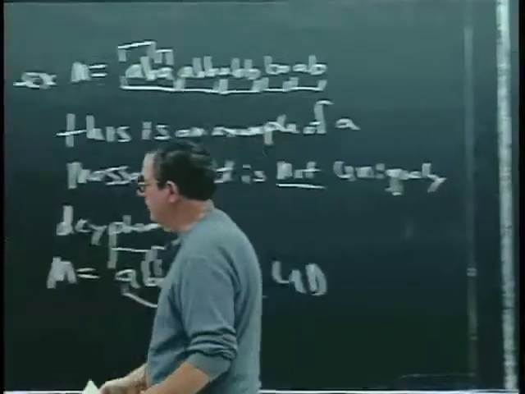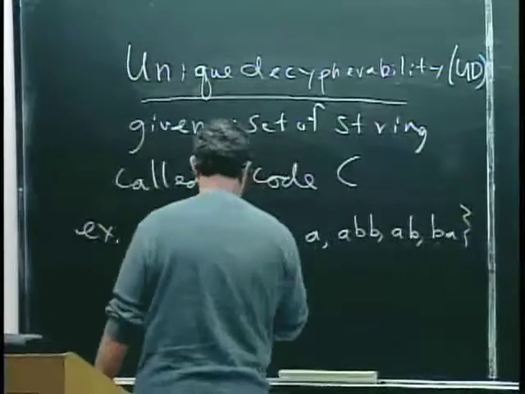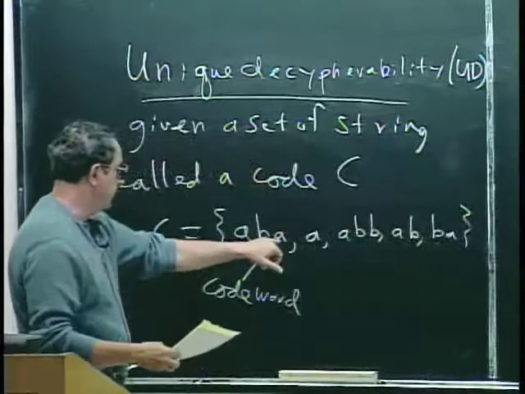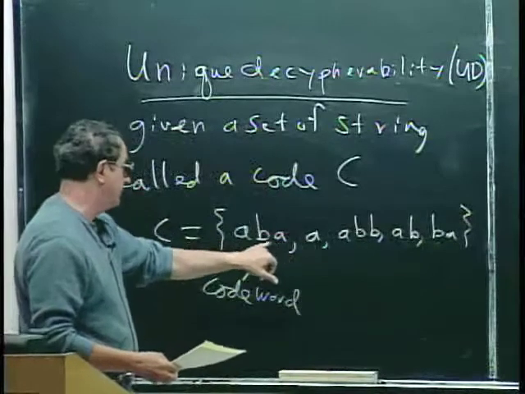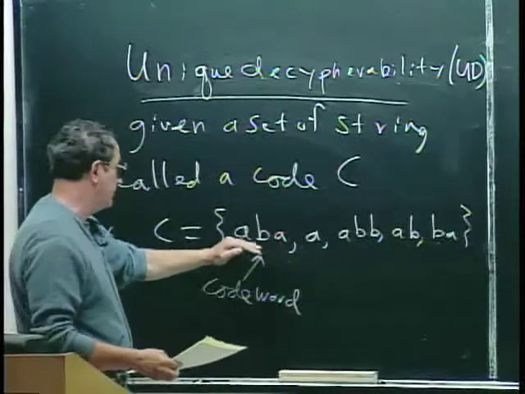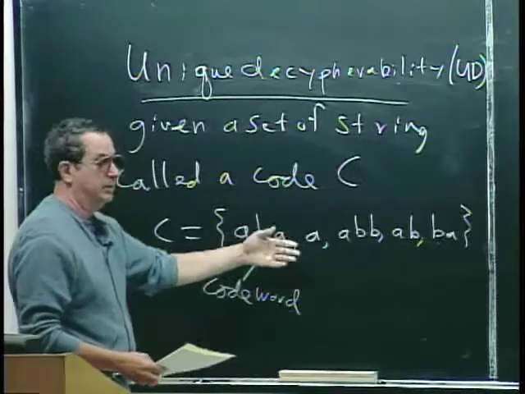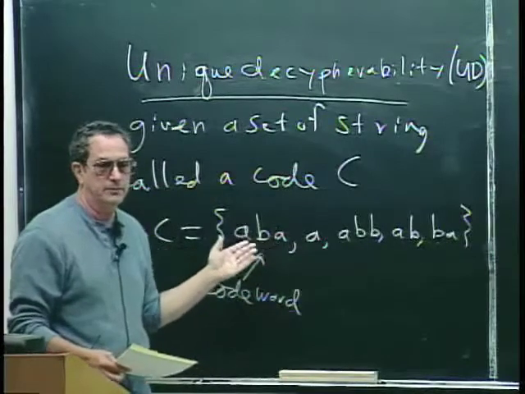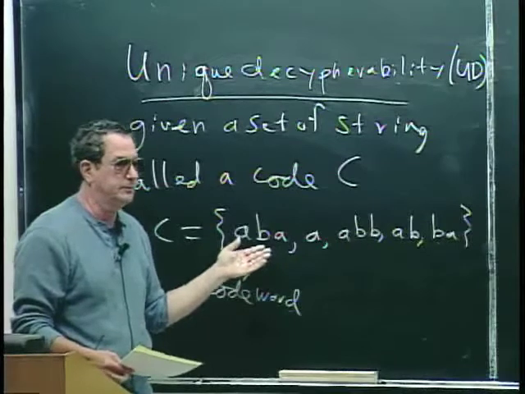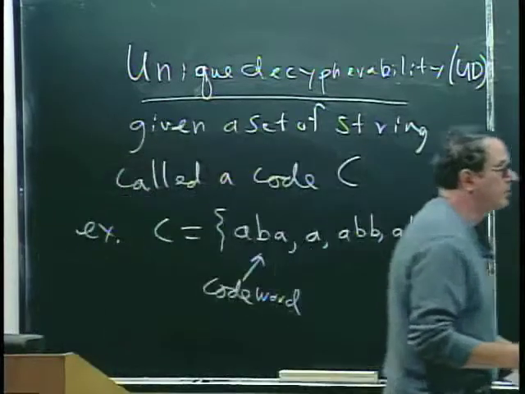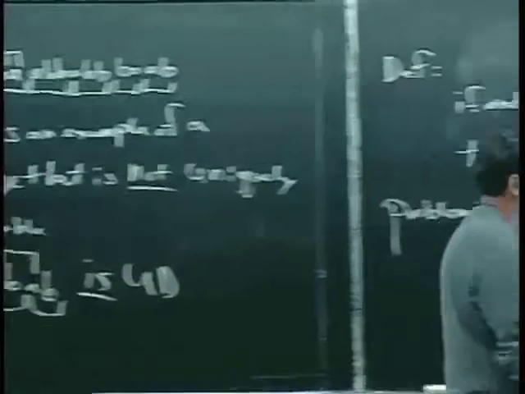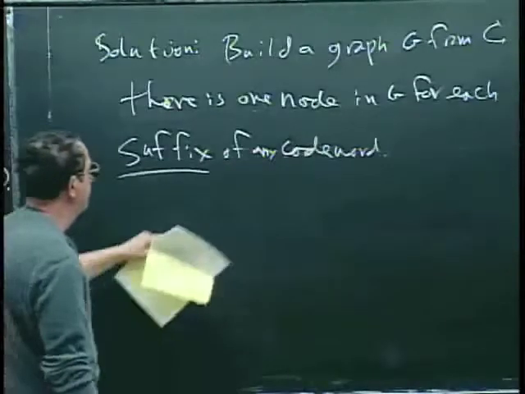So if we take the code word ABA, it has a suffix A, it has a suffix BA, and it has the trivial suffix of ABA. So the code word itself can be considered as a suffix. Right? We're going to have one node for each suffix of any code word.